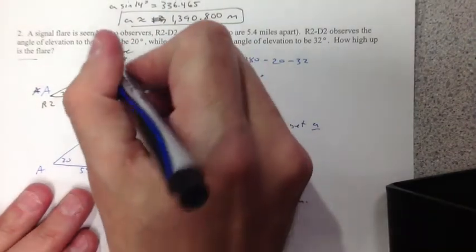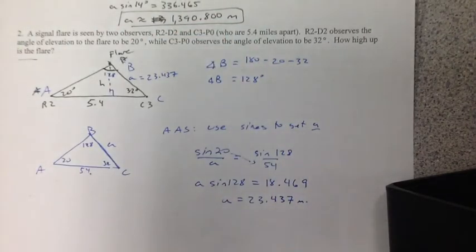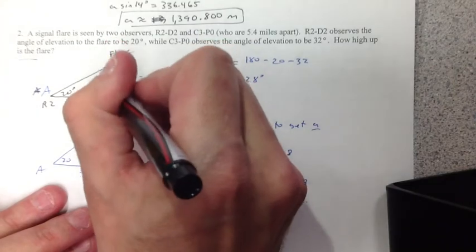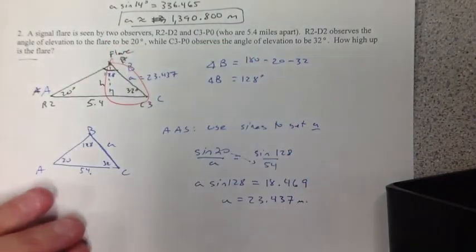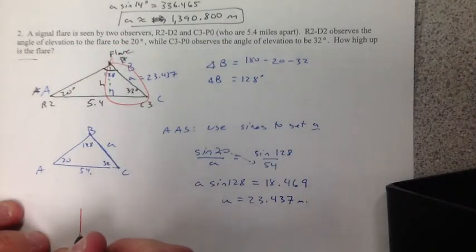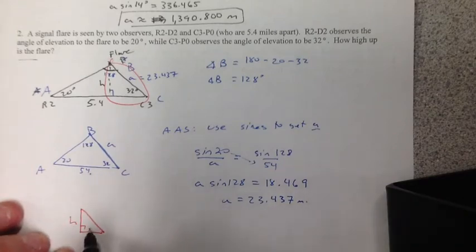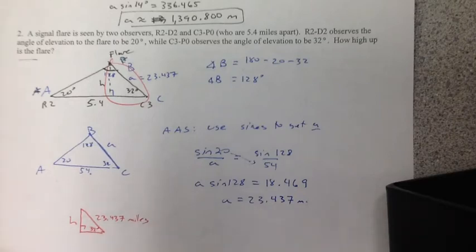What I'm going to do, and I'm going to do this one in red, is look at this right triangle right here. If I look at just that right triangle, we're looking for h. We know our angle down here is 32 degrees, and we know this is 23.437 miles. So, how can I find h? That's my opposite, given the hypotenuse. Use sine.